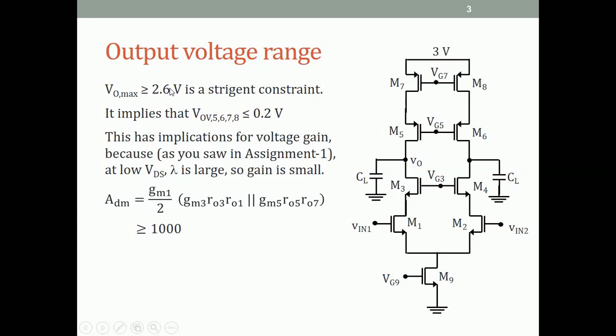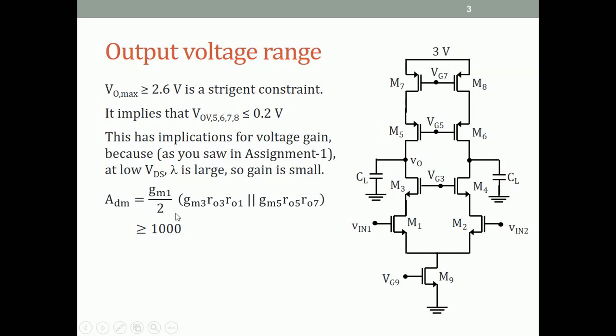Other than that, we as usual begin the design by considering the differential mode gain. The expression for the gain of course is this: GM1 GM3 RO3 RO1, that is the resistance looking down from the output, in parallel with GM5 RO5 RO7.